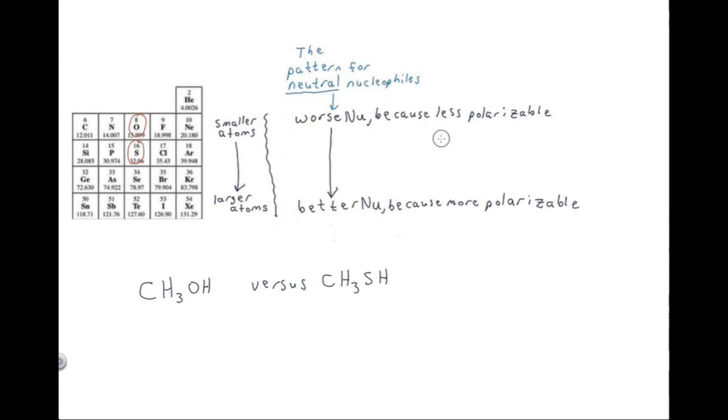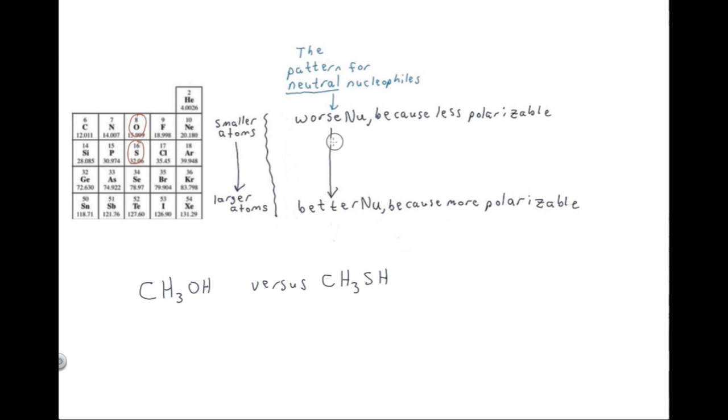And if you'd like to learn more about this concept of polarizability and how it affects nucleophilicity, you should be able to find more information about the concept of polarizability in your textbook. For most courses, therefore, it'll be good enough if we simply memorize that when you're comparing neutral nucleophiles in the same column of the periodic table, nucleophilicity increases as you move down the periodic table.